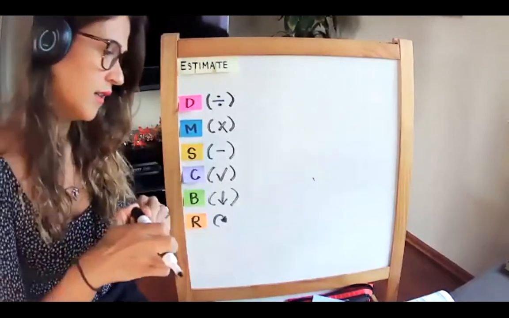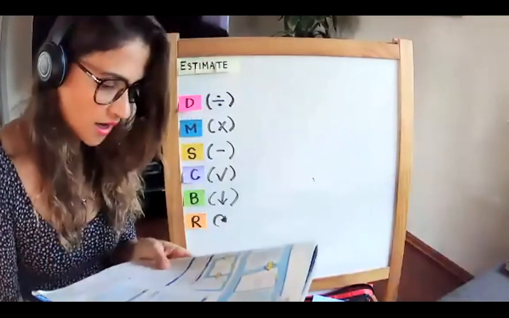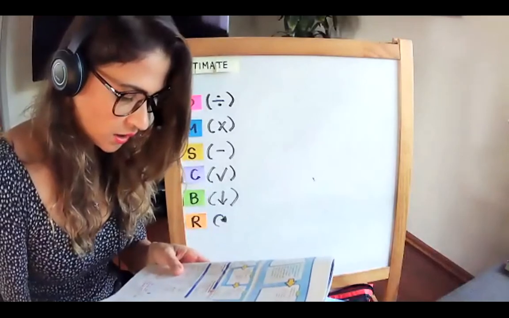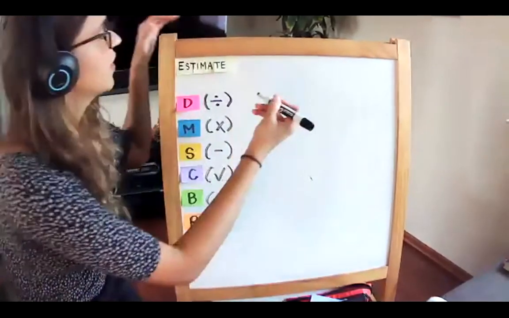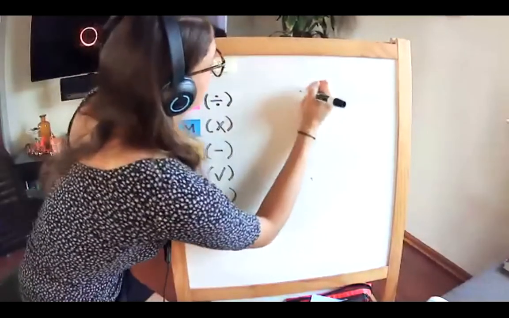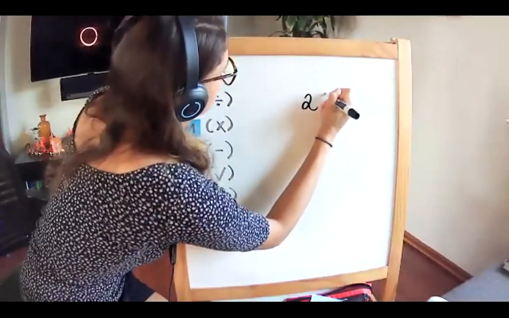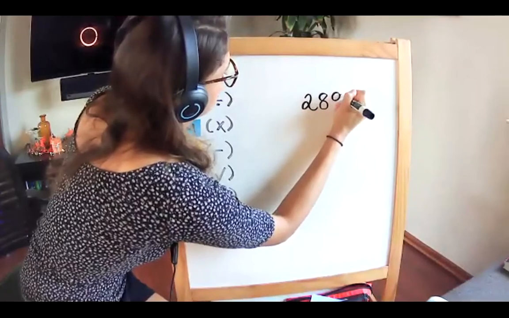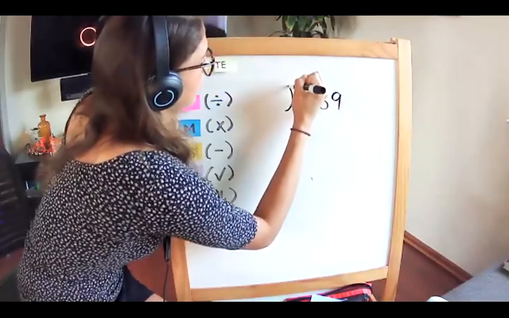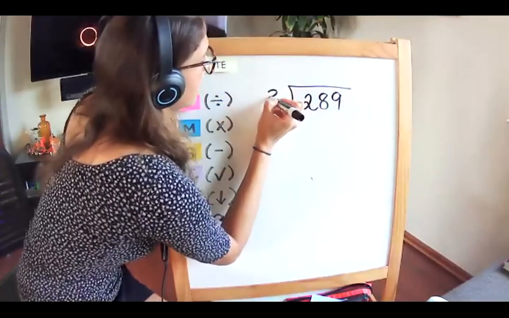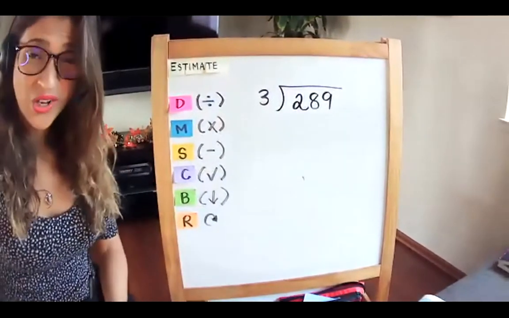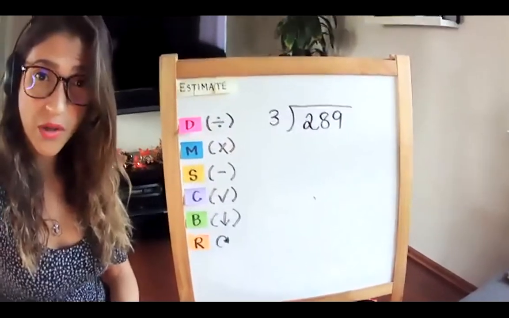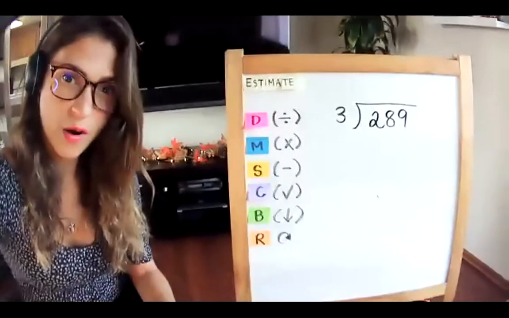All right, let's try out number 10, 289 divided by 3. And hopefully you're working in your graph notebooks, so you have all of these numbers beautifully written out.